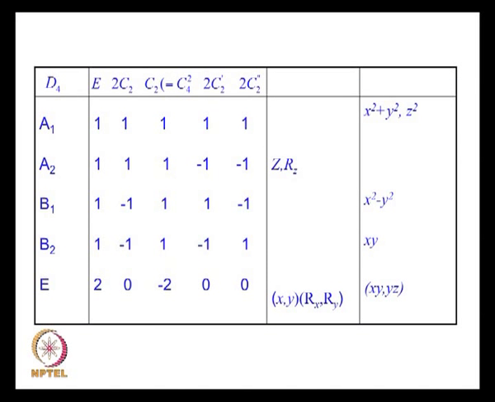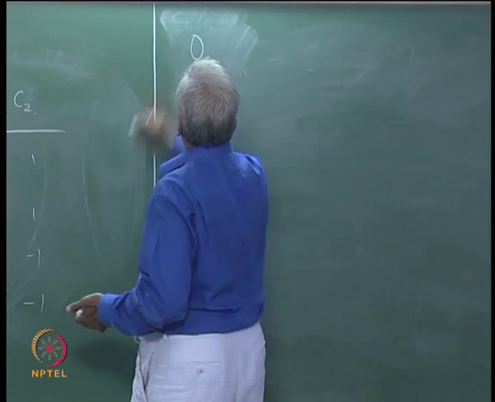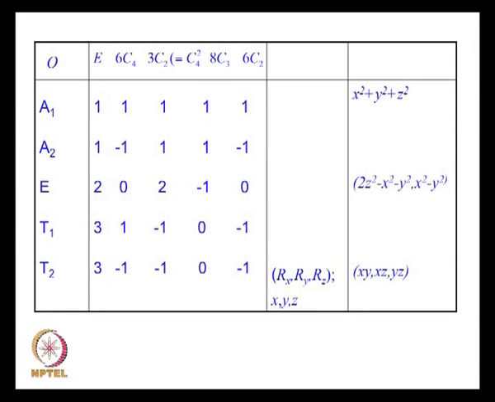We next pass on to the cubic groups, the tetrahedral group, and the group O, which is the octahedral group, which is also a cubic point group.